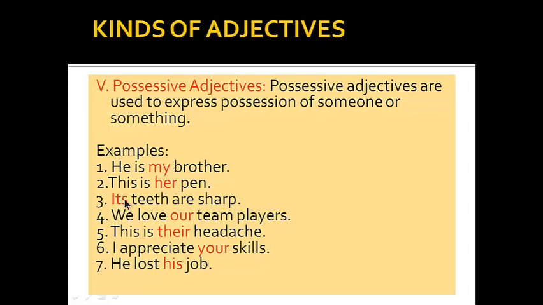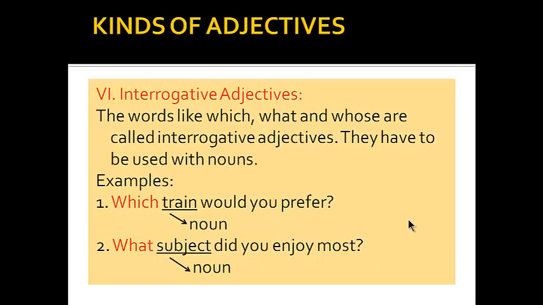All these words in red are possessive adjectives. The next type is interrogative adjectives. The words like which, what, and whose are called interrogative adjectives.